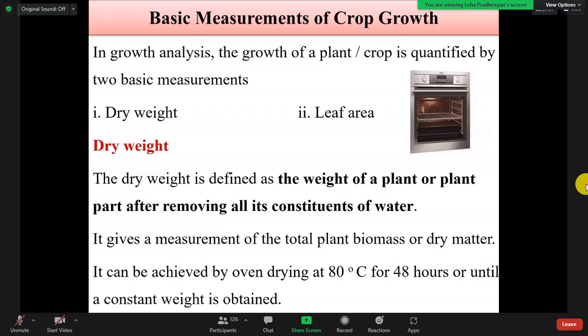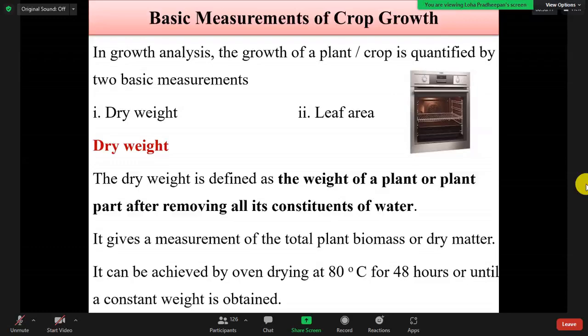How do we know we have got the constant weight? Because we are uprooting the plant and keeping it in the oven to remove the moisture content and get the dry weight, we have to do this at least 2 days at 80 degrees centigrade.